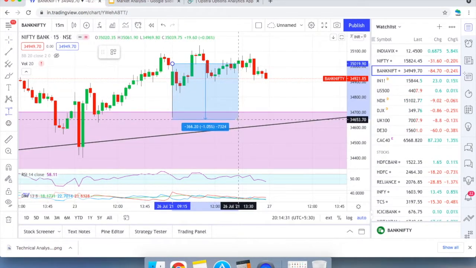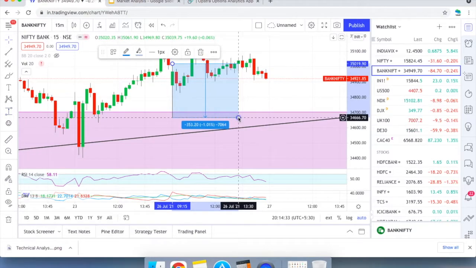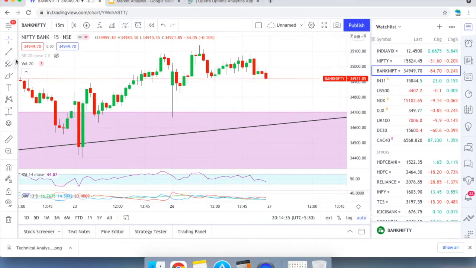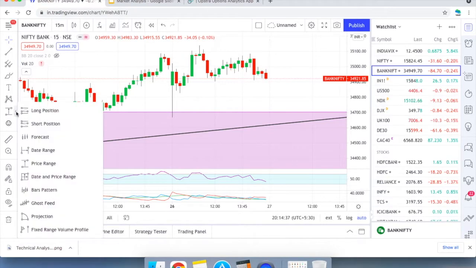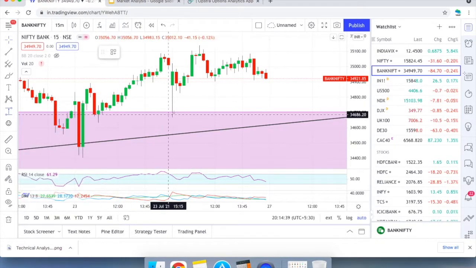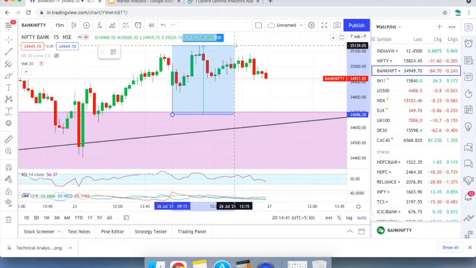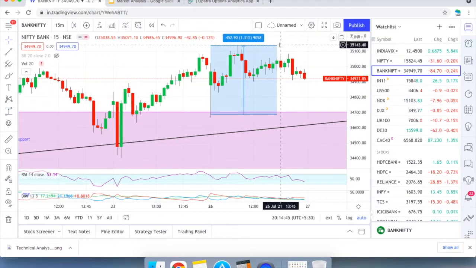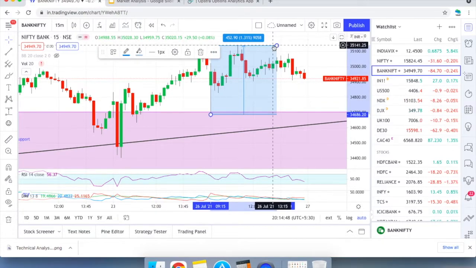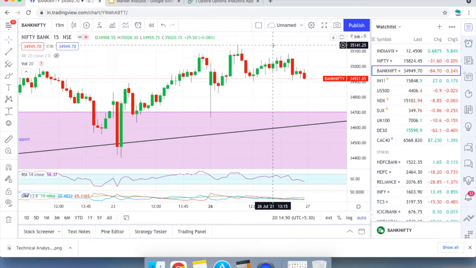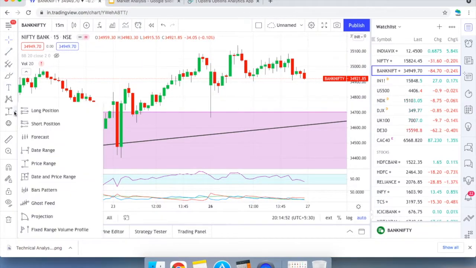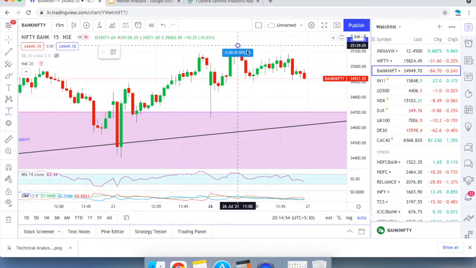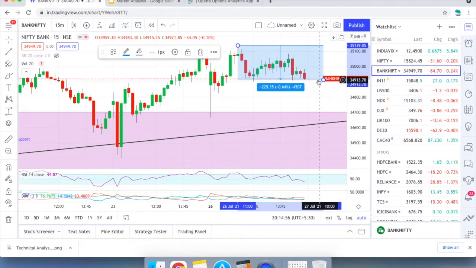Here also you can see that it dipped 350 points and then gained some 450 points, and then lost nearly half of it, about 250 points.